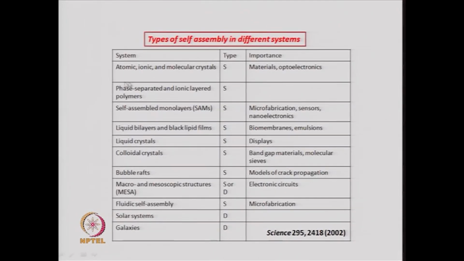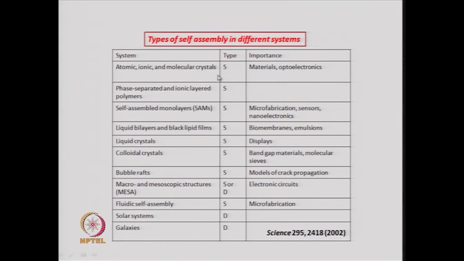You can have molecular crystals, like we discussed, self assembled from atoms or molecules, and they can be either ionic or atomic crystals. These materials are all static. The self assembly is static, there is no energy dissipation in this system, and these materials of course have a variety of uses in materials and in optoelectronics.